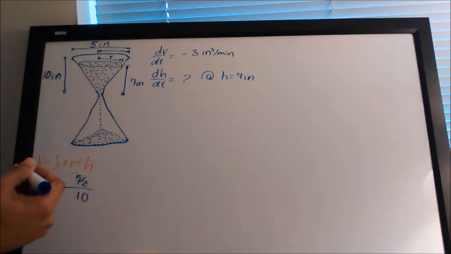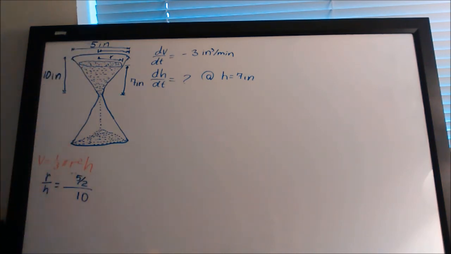Okay, so if you simplify this, this will be 5 over 20, which is equal to a fourth.